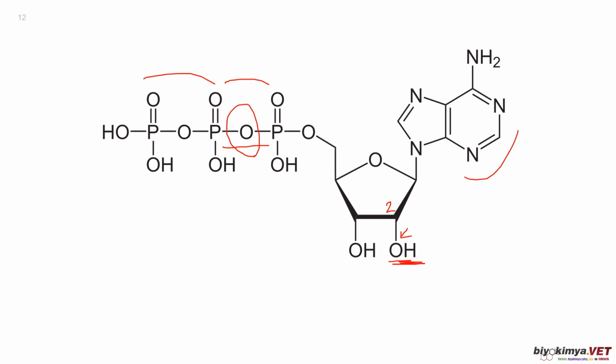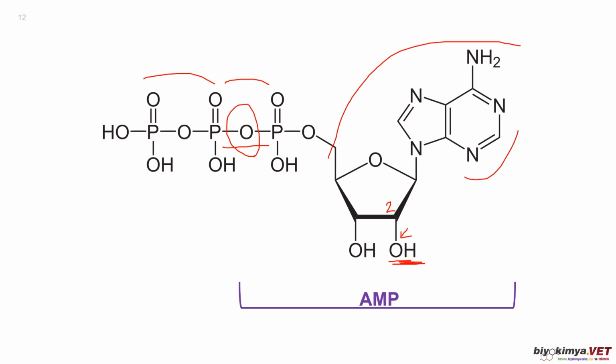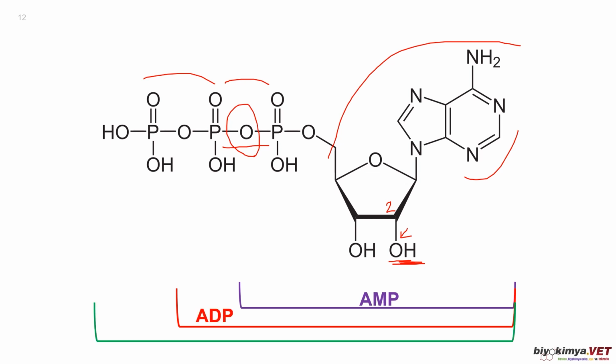The nitrogenous base plus the ribose, this moiety, is adenosine, and with one phosphate, it is called adenosine monophosphate or adenylic acid. The second phosphate moiety gives the name adenosine diphosphate, and the third phosphate moiety gives the name adenosine triphosphate. This is a simple naming.